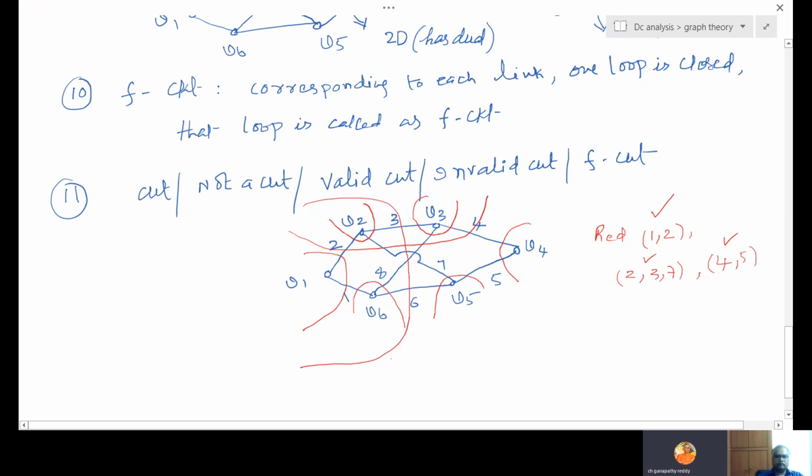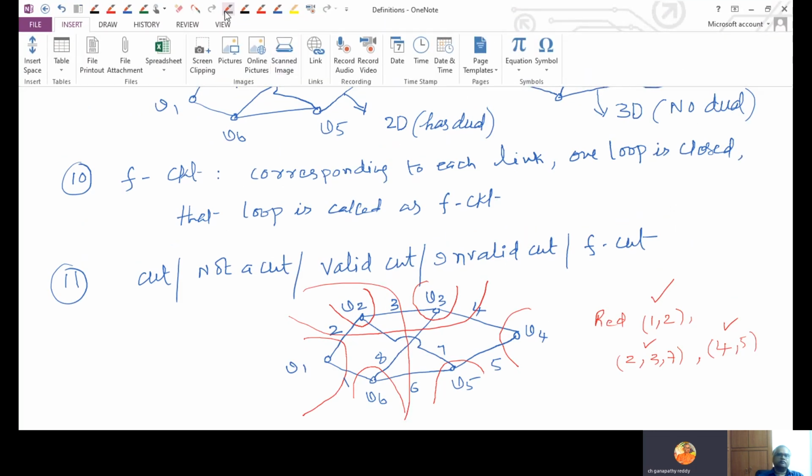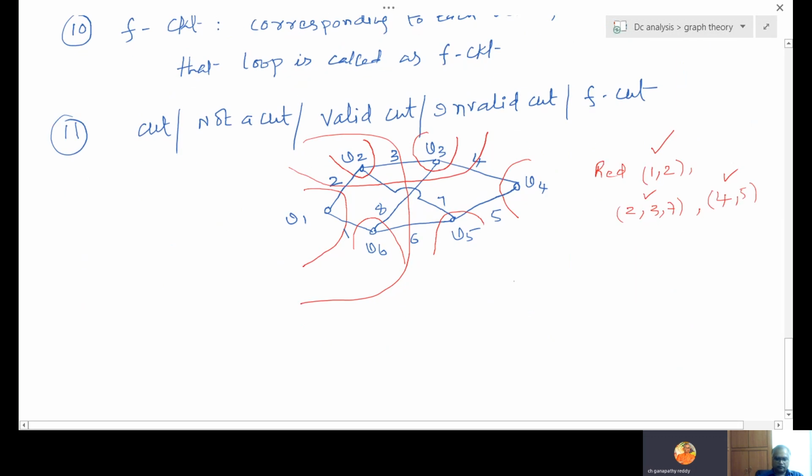Not a cut. What is the meaning of not a cut? Only one, or 2, 3, or 6, 7.